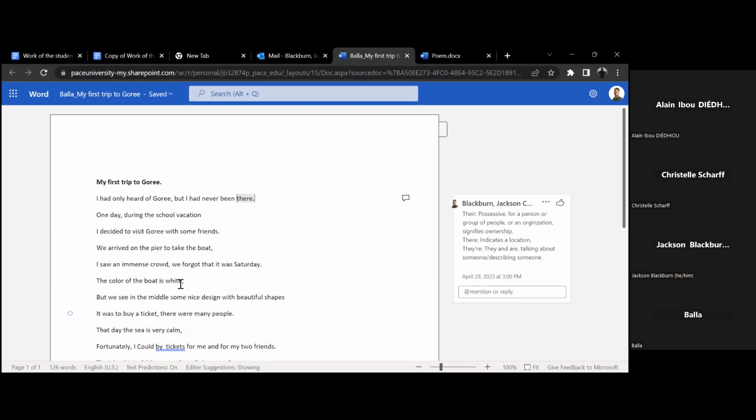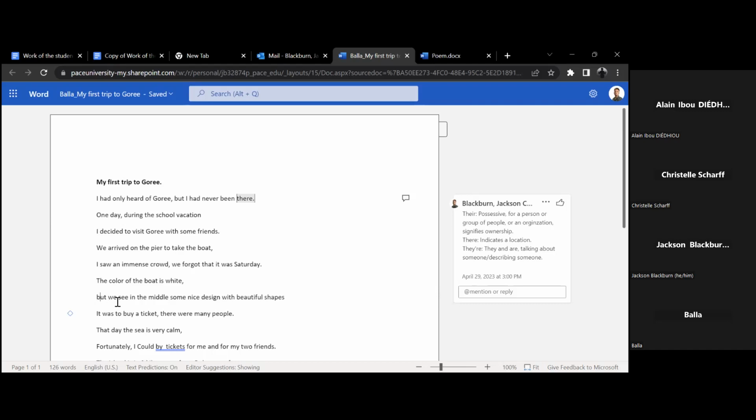The color of the boat is white. Good job on using a descriptor. So it creates an image for us to see. So now I can imagine the boat that you were about to get on or that you went on. And it is white. Let's take away the capital. I know sometimes it automatically does when you skip a line or you enter, it automatically capitalizes things.